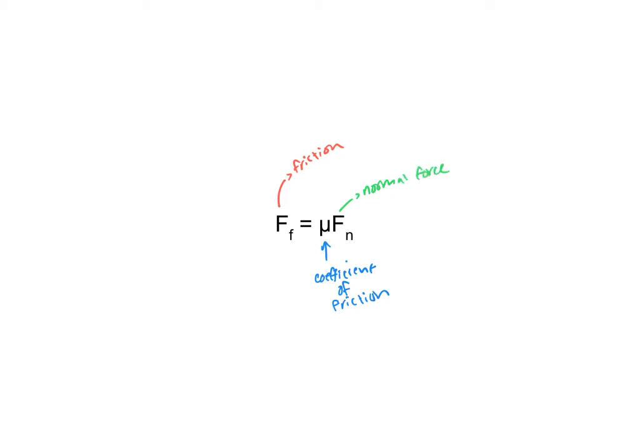Now, one thing that's really cool about friction, or at least that I think is really cool about friction, is that the coefficient of friction mu is something that's figured out experimentally. So we can't actually use the chemical or physical nature of an object to figure out what its coefficient of friction is from first principles.